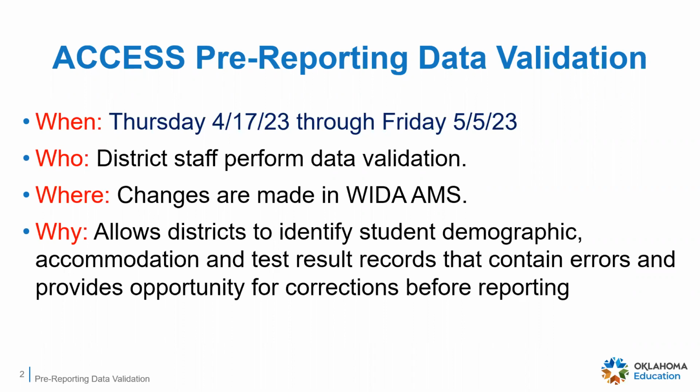And the reason we do this is that it allows districts to identify errors in any student demographic, accommodations, or test result records. We want to get any of those errors cleared up and make those corrections so that the reporting is accurate and all the records align and everything is good to go.